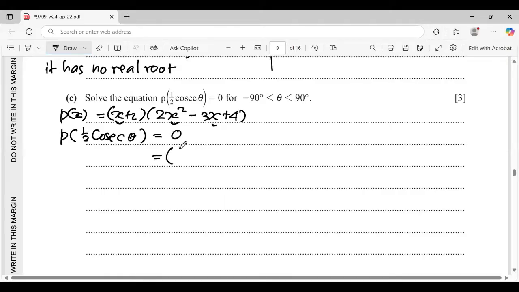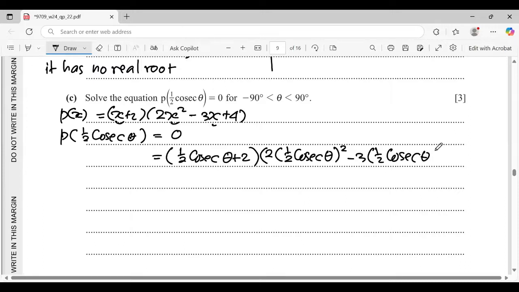So it's going to be (1/2 cosecant theta plus 2) times (2 times (1/2 cosecant theta) squared minus 3 times 1/2 cosecant theta plus 4) equals 0.